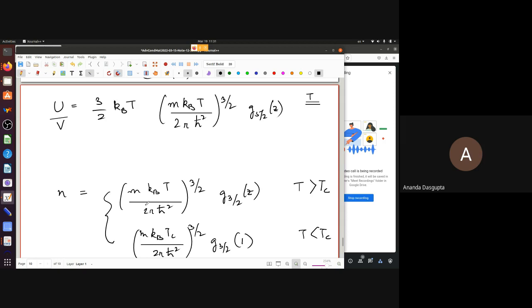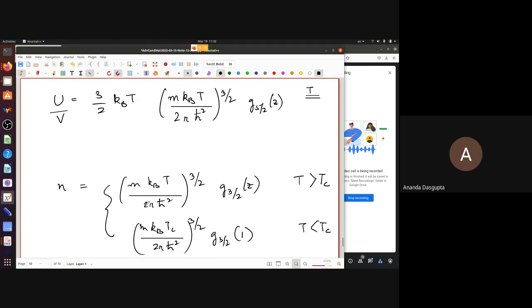And when is that an issue? It's an issue when the ground state is macroscopically occupied. If it's microscopically occupied, it's just a few particles, and missing a few particles will not make a difference. But for a macroscopic occupation of the ground state, missing that will definitely make a difference, right? So when T is less than Tc and you have a macroscopically large number of particles occupying the ground state, not counting the ground state made a big difference. That's why our n came out all wrong and we had to write n equals n0 plus this expression with z equal to 1.